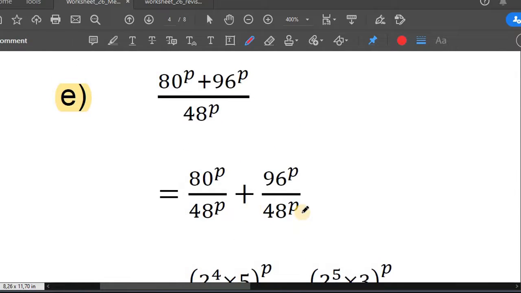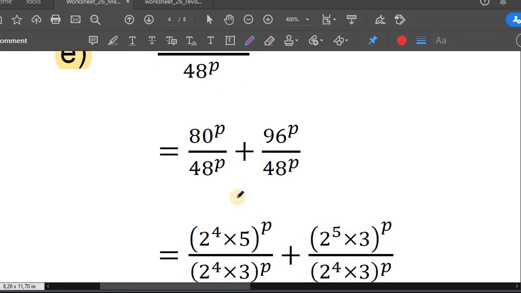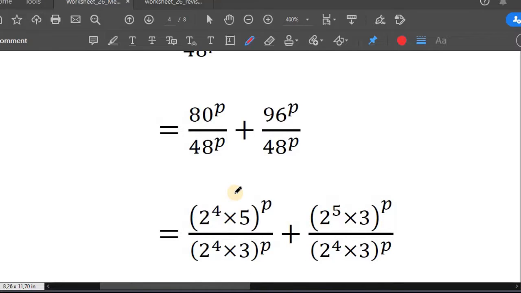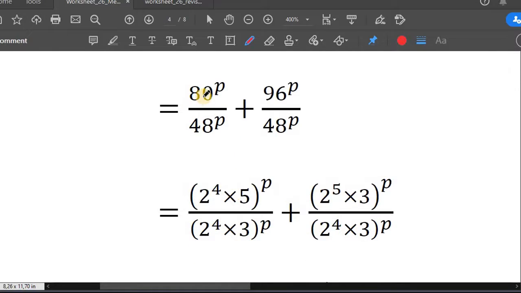Okay, same story, we split it up, right? Now you may be thinking, sir, where did they get this from 80? How did they turn that to 2 to the power 4 times 5 all to the power of p? Let's look at this. This was 80 to the power of p, so that 80 changed into whatever you see in the bracket.